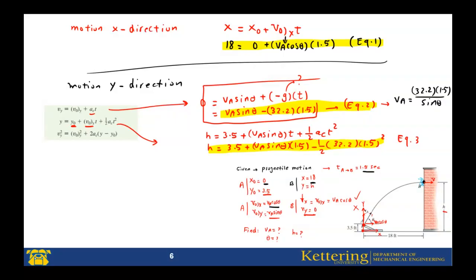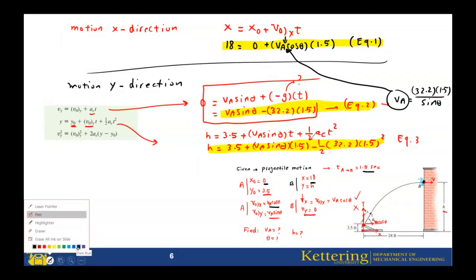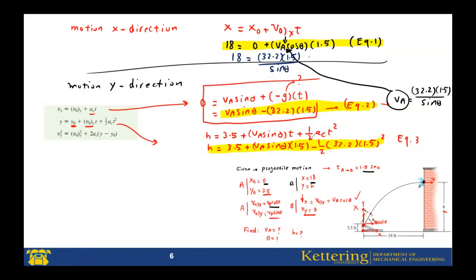Then I plug Va into this equation. Here, h minus 3.5 equals Va, which is 32.2 multiplied by 1.5 divided by sine theta, multiplied by cosine theta, multiplied by 1.5. It's just a simple calculation.